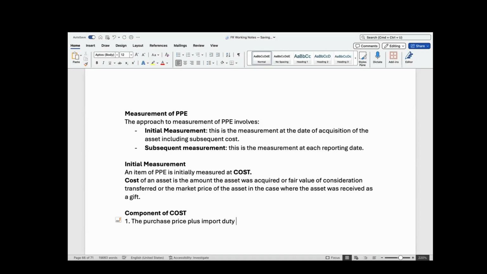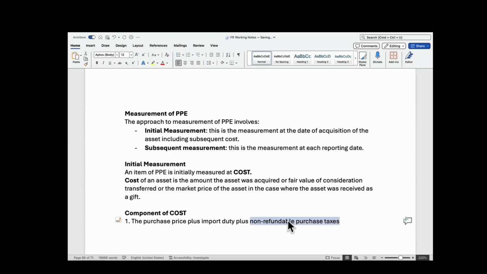So plus import duty, and also if you are buying an asset, they will mostly add VAT, as we call it in Nigeria. This is not a Nigerian standard, it's an international standard, which calls it non-refundable purchase taxes, similar to VAT. You also add that as part of the cost of the asset.